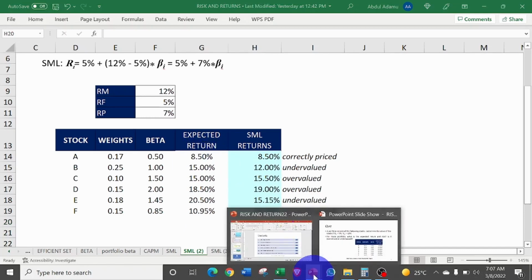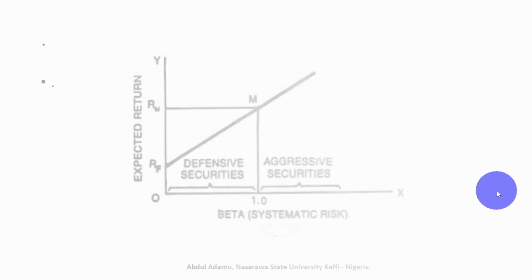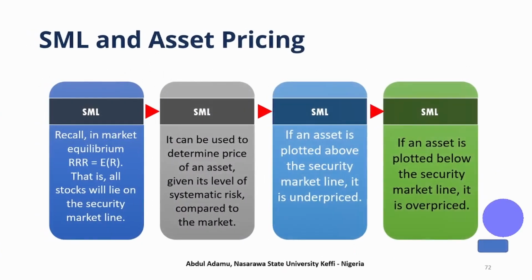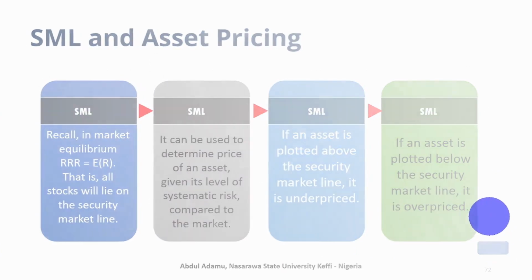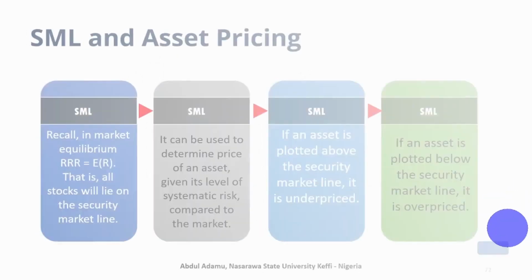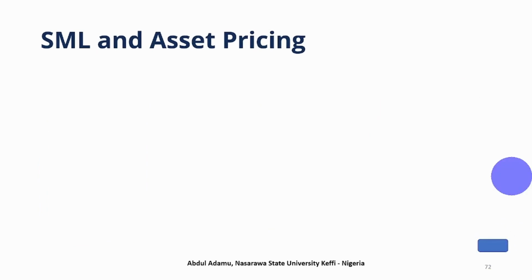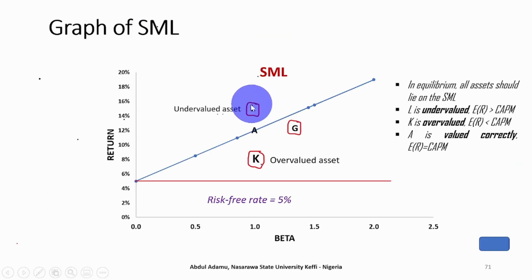Let's go back to our security market line to recall what we said about the security market line again. So you can see this value, the return is above the return of this. So that is why it's undervalued.